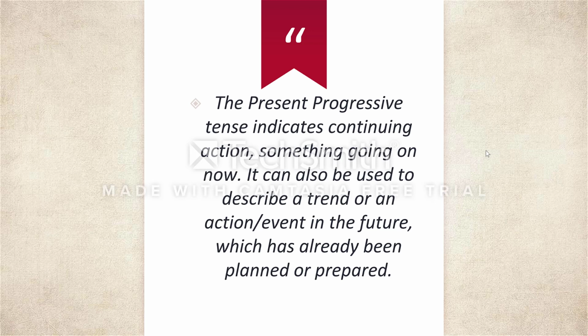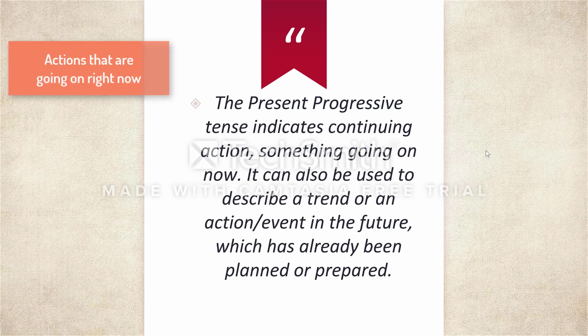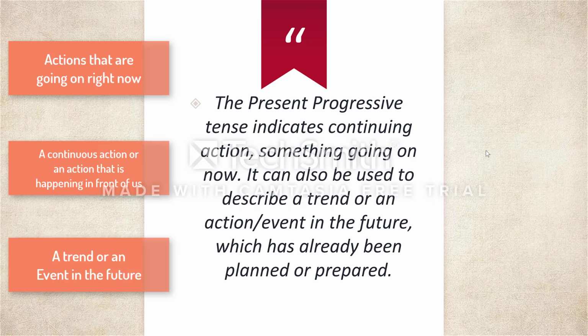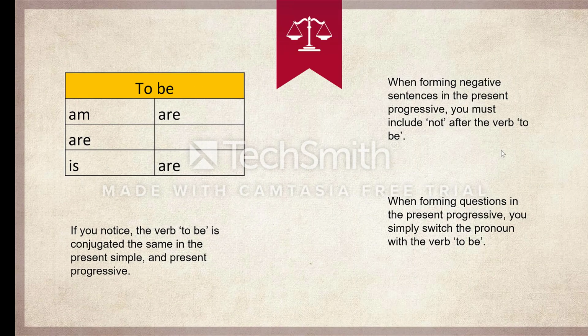So later on in this video, we're going to break this down into a few parts. But just to summarize, pretty much the present progressive is used to talk about actions that are going on right now, something that is continuing or unfolding before us, or a trend or an event in the future that is already planned. Again, like I said, we'll have a few examples later on in this video.